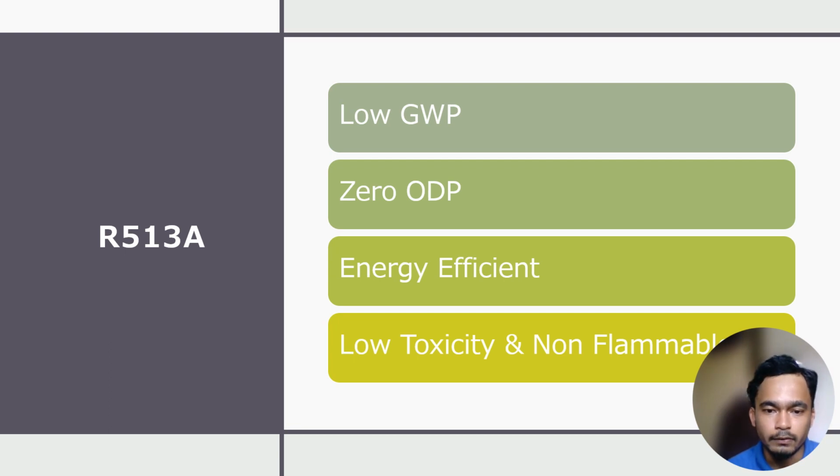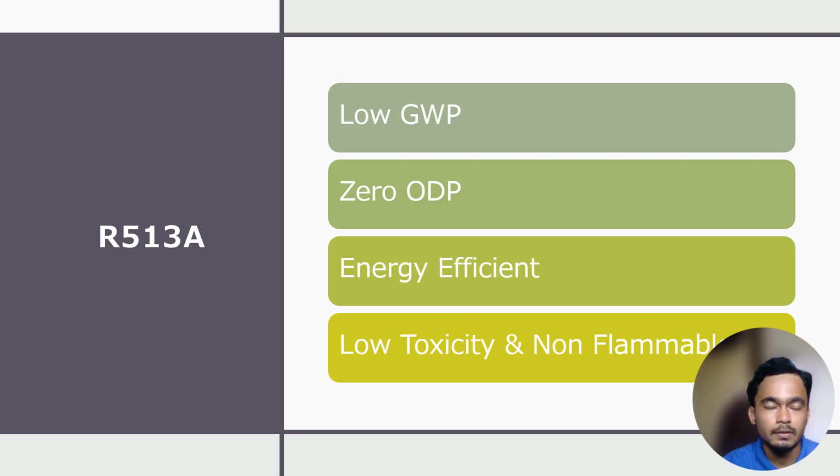It also possesses zero ODP, which is very good because it won't affect ozone depletion. And next, the refrigerant is considered energy efficient due to its properties that allow a high rate of heat transfer.